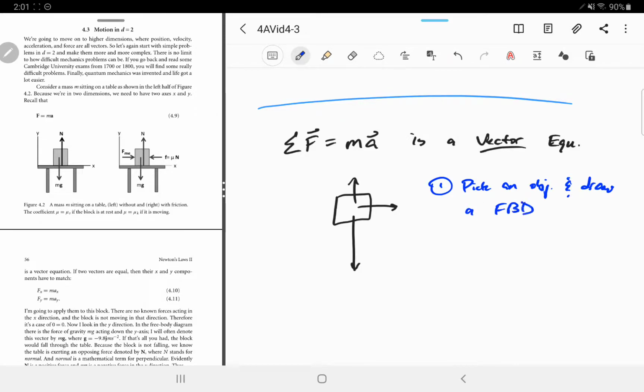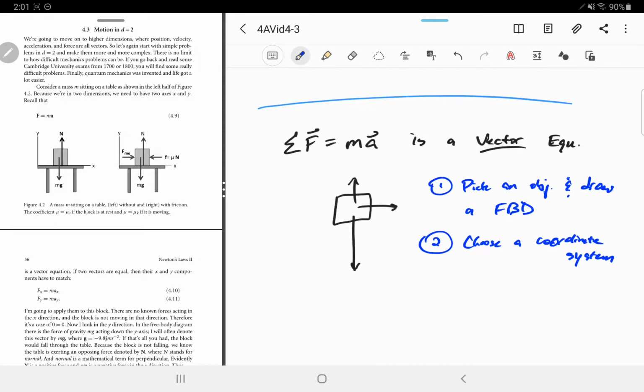All right, so suppose we've already done that. So we picked an object to analyze, we drew all the forces acting on that object. The second thing to do is to choose a coordinate system. So in general, what you want to do is take a look at the free body diagram and choose your x and y axes to line up with as many forces as possible.